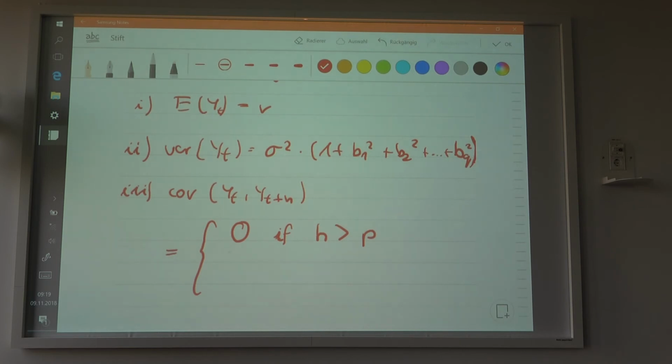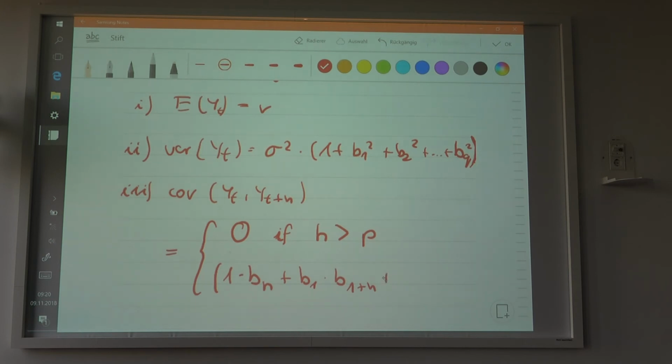And in case the lag is less than or equal to the order of the process, you will have the following expression, and this is what you can do to generalize the process. So you have 1 times BH, plus B1, and you can call this B0, times B1 plus H, and this goes on.